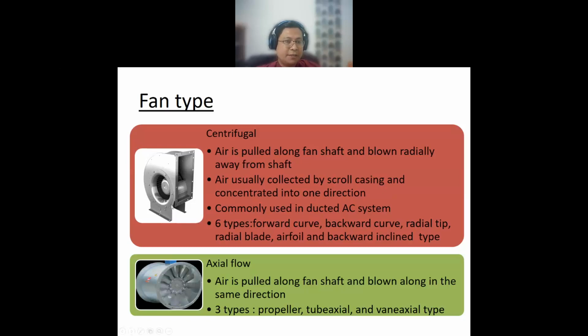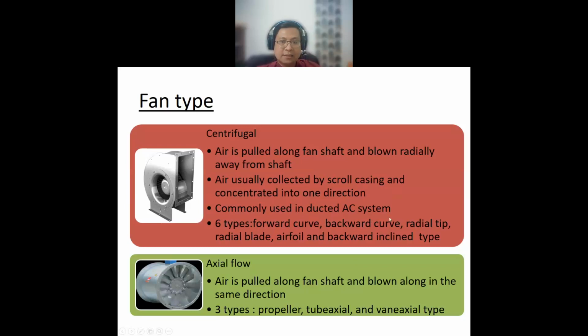The casing functions as the stator, and the blade moves inside the casing. The direction you can see here is perpendicular from the axial. Axial is here, and this one is from there.